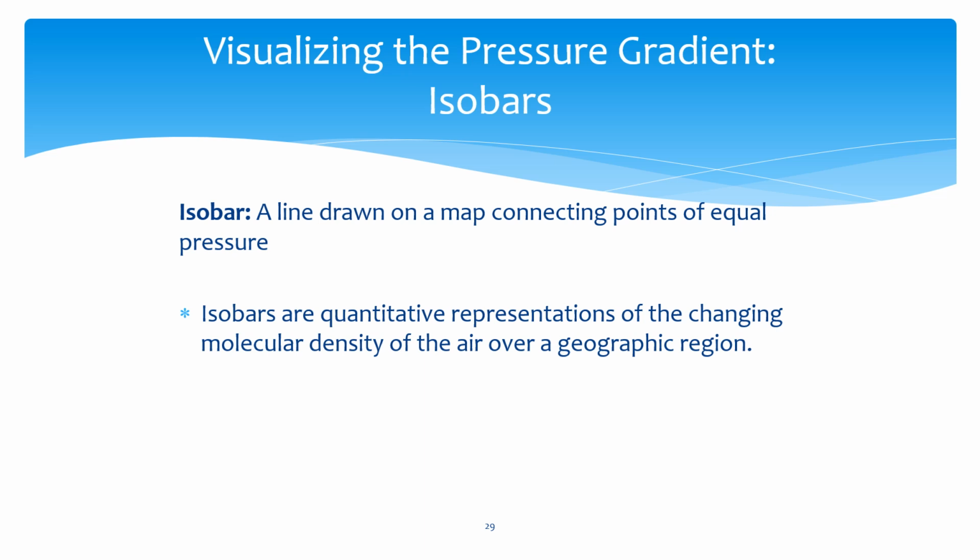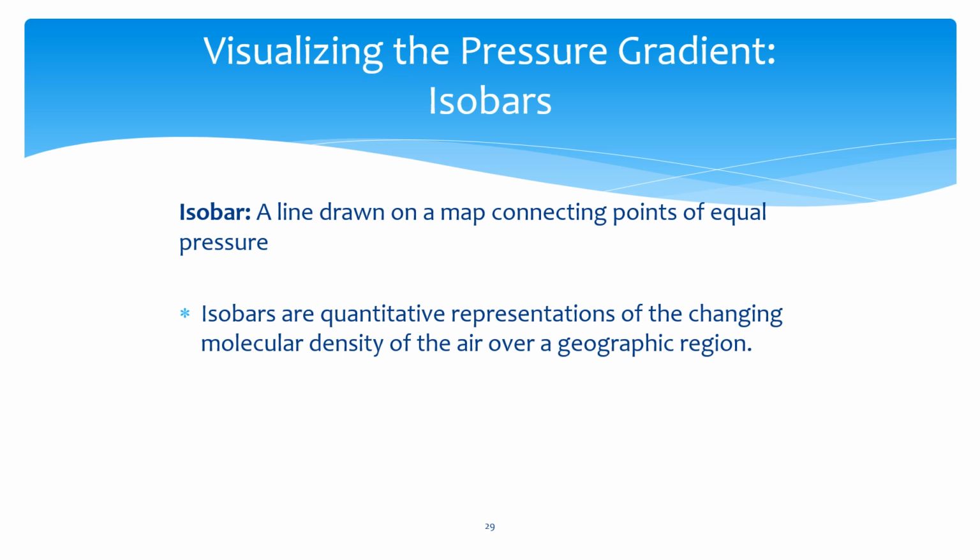If you're showing a map with lines that represent equal values for something, we use that prefix iso, which means equal. So an isobar is a line drawn on a map that connects points of equal air pressure.